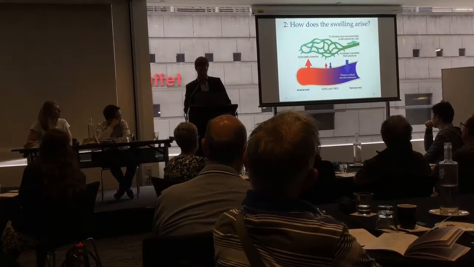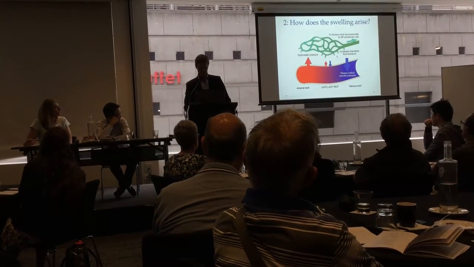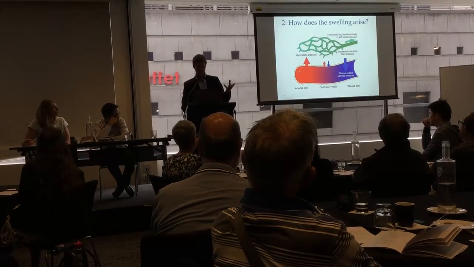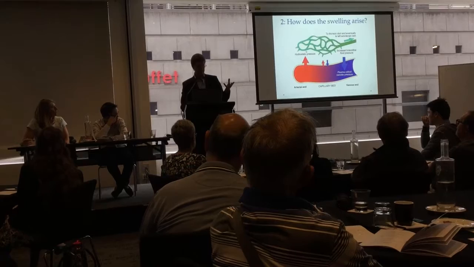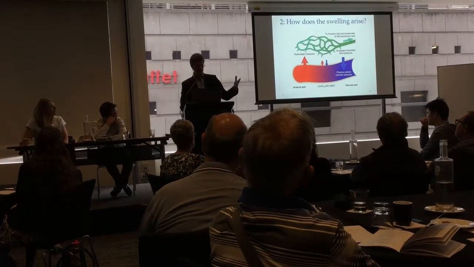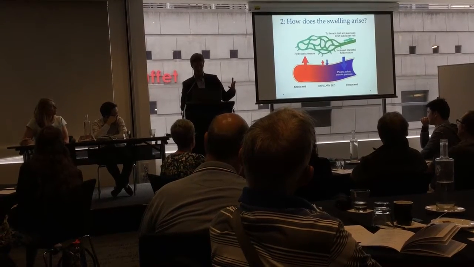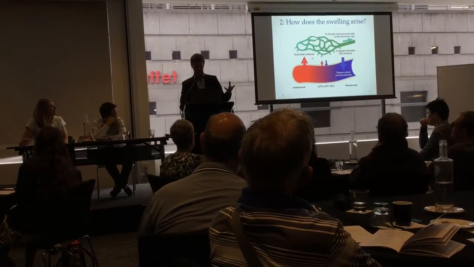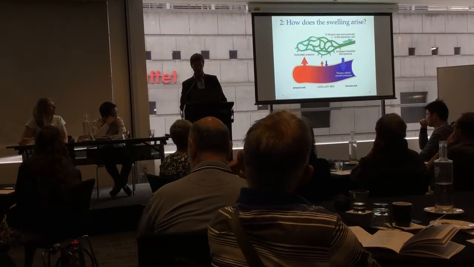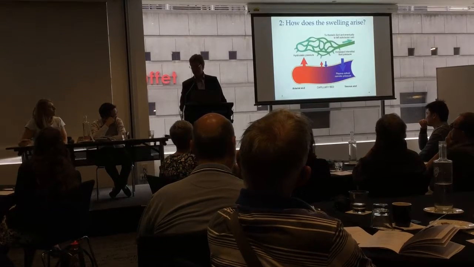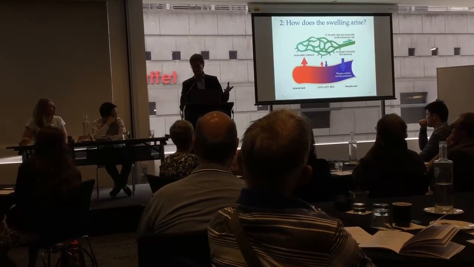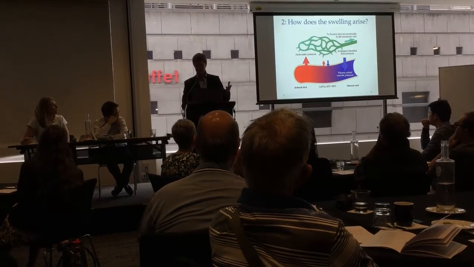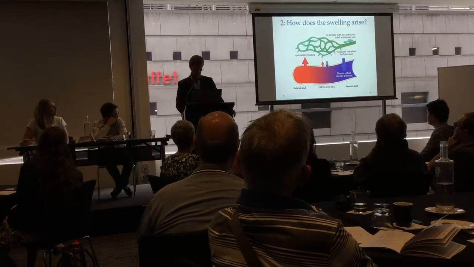When this plasma colloid oncotic pressure decreases, when the serum level of albumin in the blood falls, then the hydrostatic pressure remains and a lot of fluid leaks out because you've lost this attraction to keeping the water inside the blood vessels. That leaks into the tissues, it overwhelms the capacity of the lymphatics to drain it, and you end up with a lot of fluid in the tissues. Does that make sense? That's how it works, that's what actually happens.